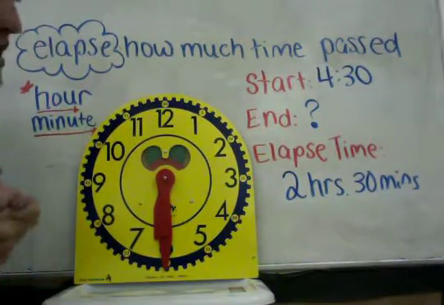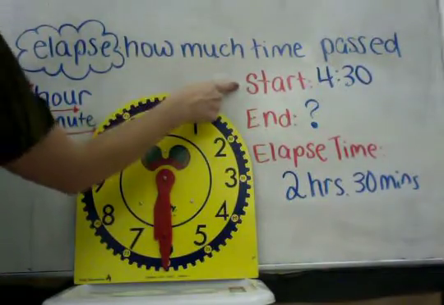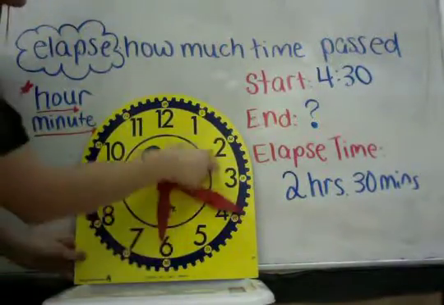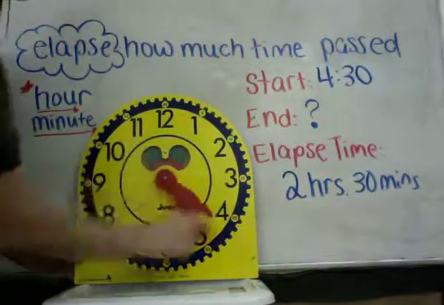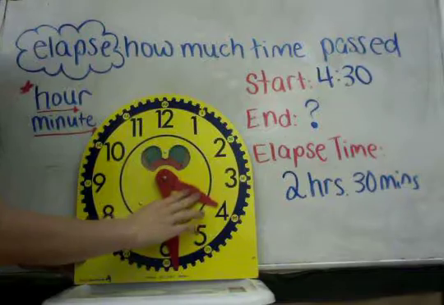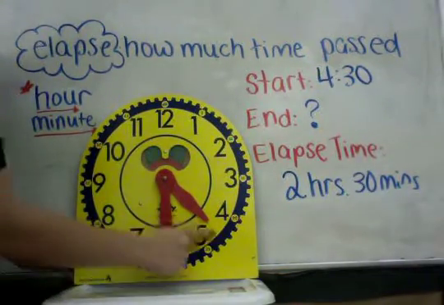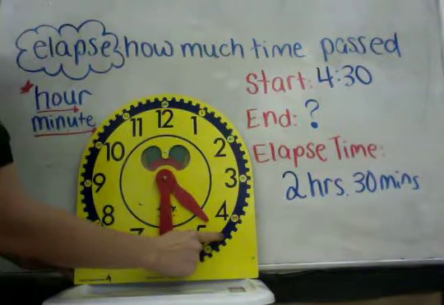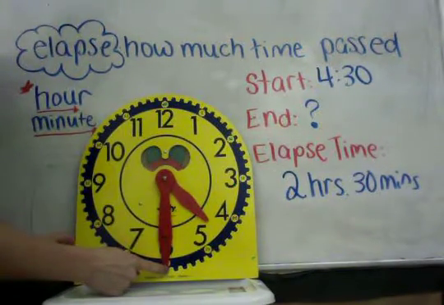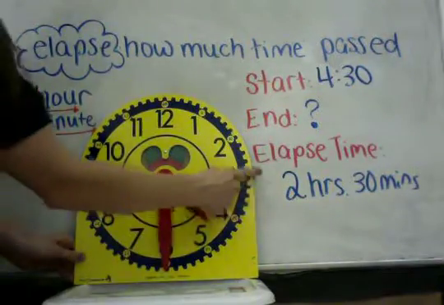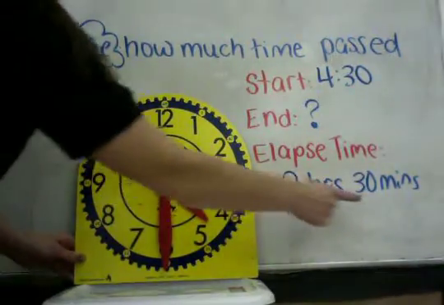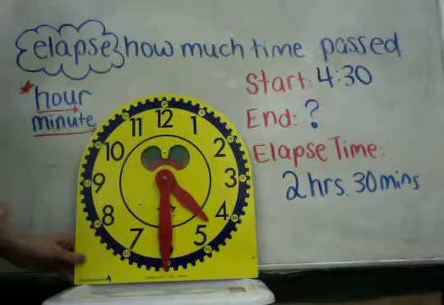The first thing that we need to do is to set our clock to 4:30 when he begins. So let me go ahead and start this at 4:30. Our hour hand's on the 4. Our minute hand's at the bottom. Now, we need to move 2 hours and 30 minutes around the clock.